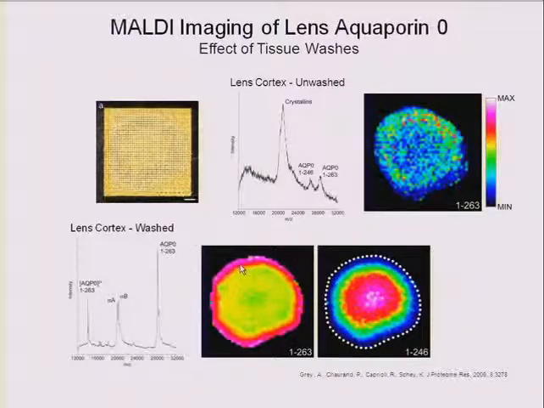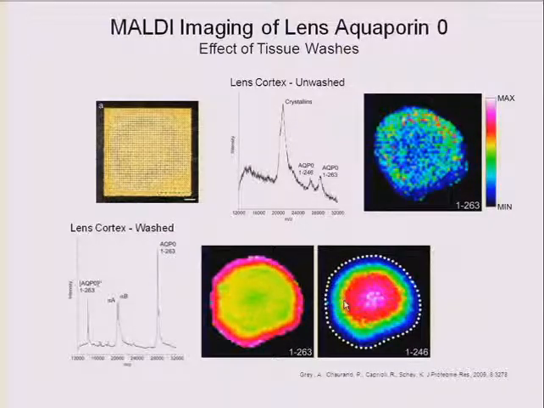This is a signal for intact aquaporin 0 in an 11-year-old human lens, and it's highly abundant in the young fiber cells, and it very quickly degrades where this red line appears. So the center has some intact aquaporin 0, but it's less abundant than in the very young outer shell. And the center of the lens in this 11-year-old is filled with this 1 to 246 truncation product.